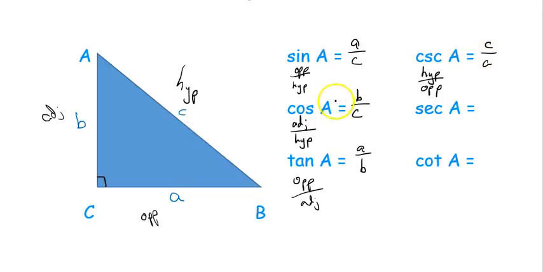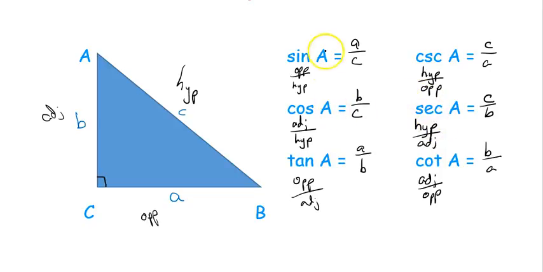You'll have to go back and look at the triangle. Secant is the same relationship with cosine, so it's the flip of that. You have adjacent over hypotenuse for cosine, so secant is hypotenuse over adjacent, and so I can flip that, get c over b. And then cotangent has that relationship with tangent, which would be adjacent over opposite, and therefore b over a.